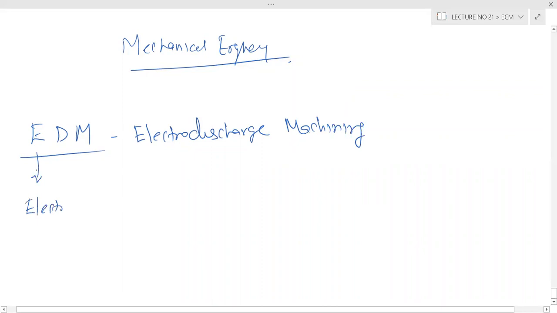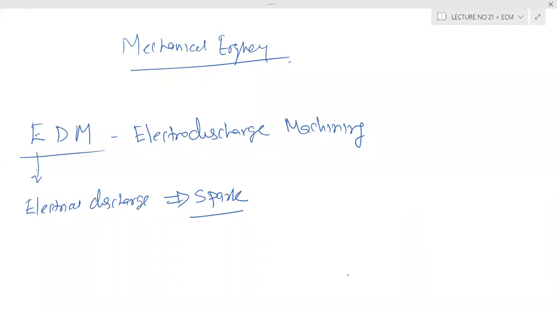Tell me, what is the meaning of electrical discharge? That is spark. So basically, it is a removal of electrons.